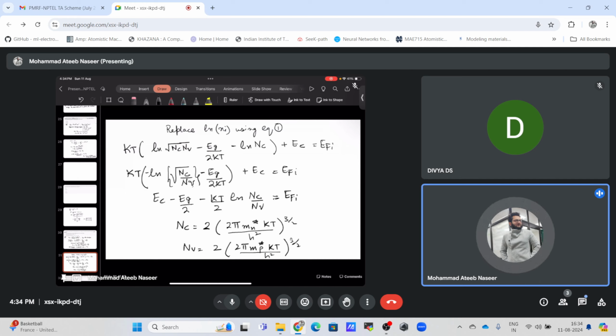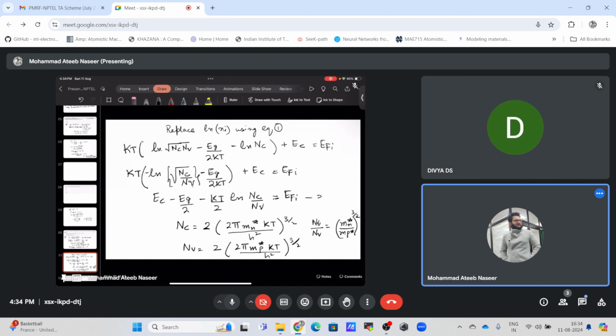This is h bar, not h. So if I divide Nc and Nv, Nc by Nv is simply (mn star by mp star) raised to the power 3 by 2.